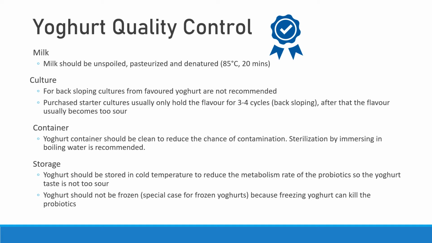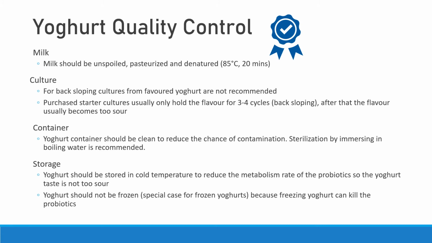And for the container itself, it should be clean. It can reduce the chance of contamination. For the sterilization itself, boiling water is very recommended. The next one is the storage itself.